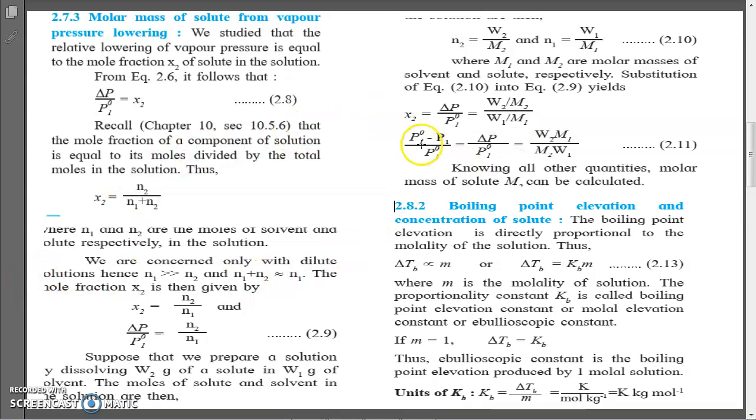Here (P₁⁰ − P₁) is the ΔP. So ΔP divided by P₁⁰ is equal to W2 into M1 divided by M2 into W1. This is equation 2.11. Knowing all these quantities, the molar mass of the solute M2 can be calculated.